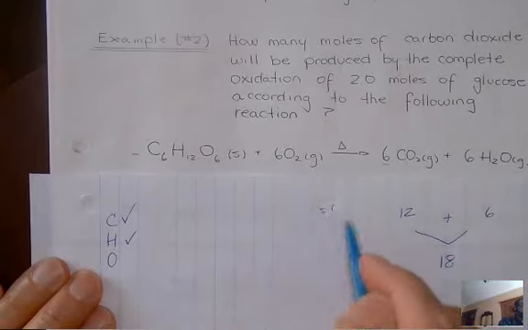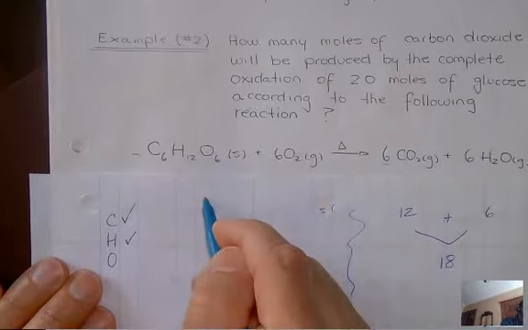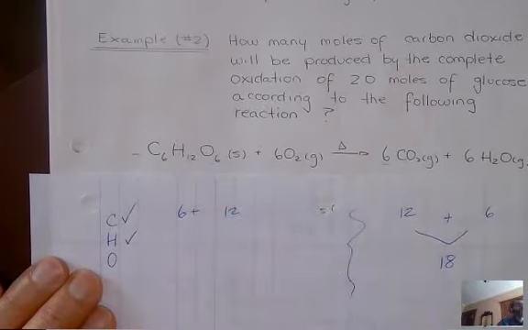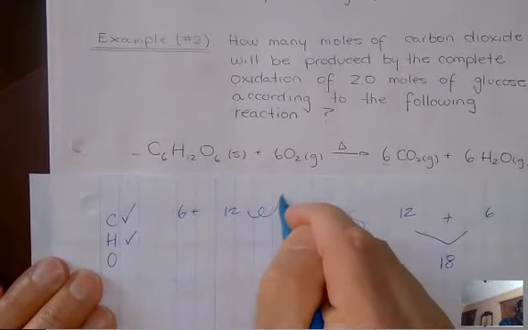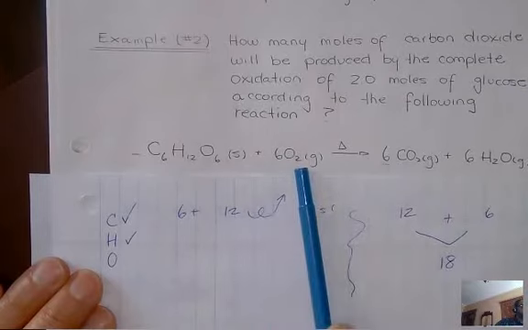So if I need 18 on the left, 18 on the right, I got to go back to the left and get 18. Well, I already have these 6 that I'm stuck with inside the glucose. So that's 6. So I need 12 more. So how am I going to get 12 more? When I'm stuck with sets of 2, 12 divided by 2 is going to give me 6.